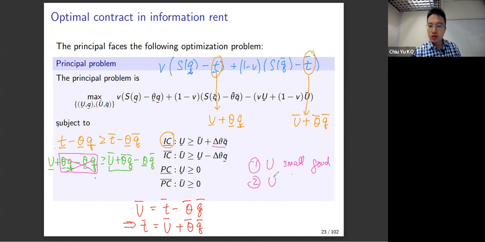Second, U must be bigger than 0. That comes from these two guys. And the third one, look at IC lower and IC upper. This plus something, this minus something. So can you tell me whether U lower bar is bigger or U upper bar is bigger?